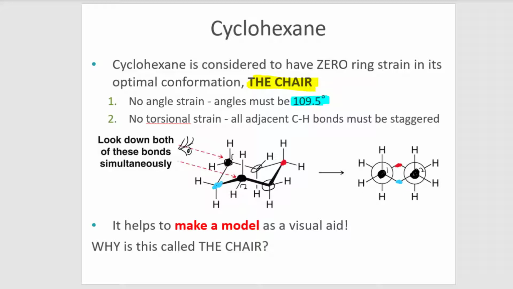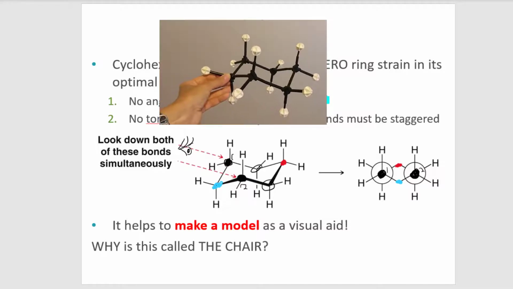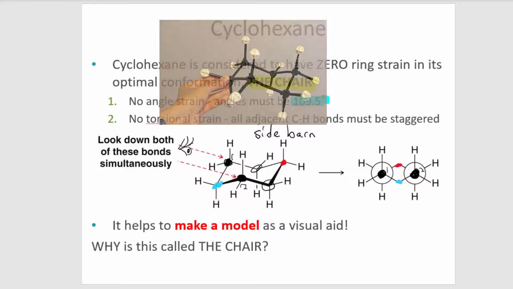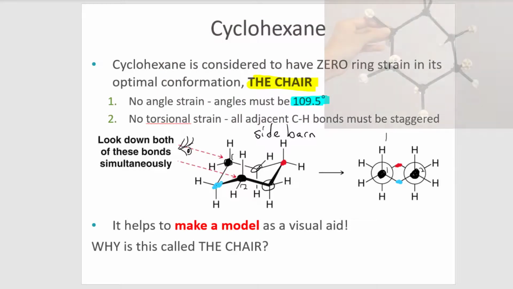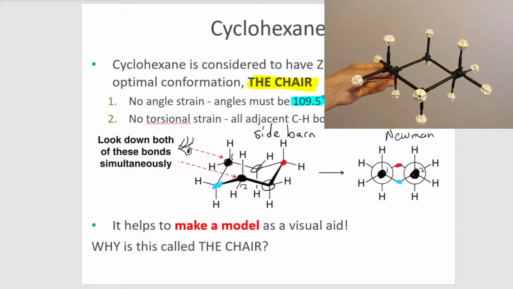It's another perspective. Again, the chair, which is how we're going to draw it the most, the sidelong view, the side of the barn view. Lucky for you, side of the barn view of a cyclohexane is how we're going to show it because it's just a little easier to see. This is the Newman projection for a chair of a cyclohexane ring.